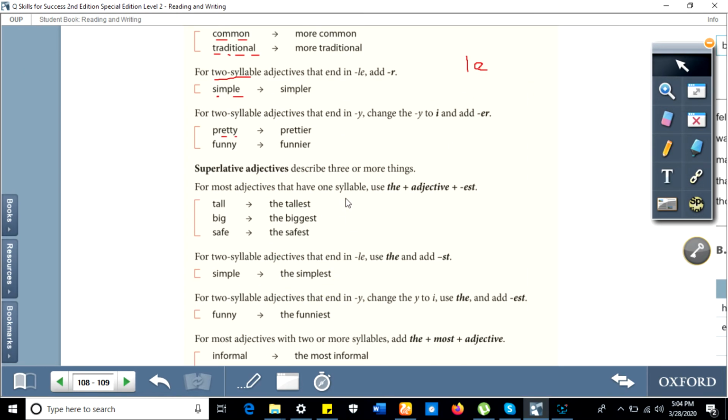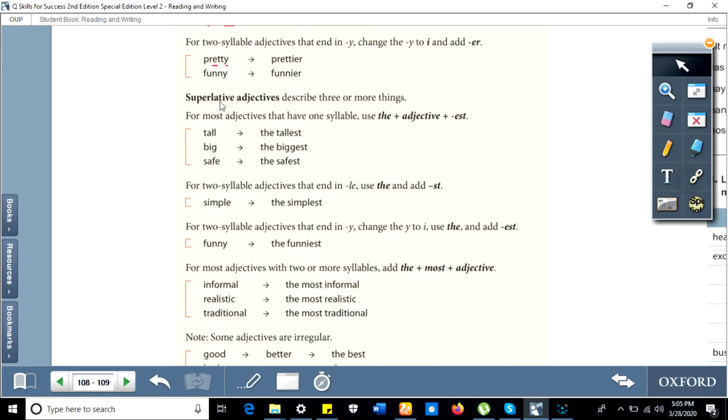We have here superlative adjectives, right? We use superlative adjectives when we compare more than two things, like when you describe three or more things, meaning more than two.